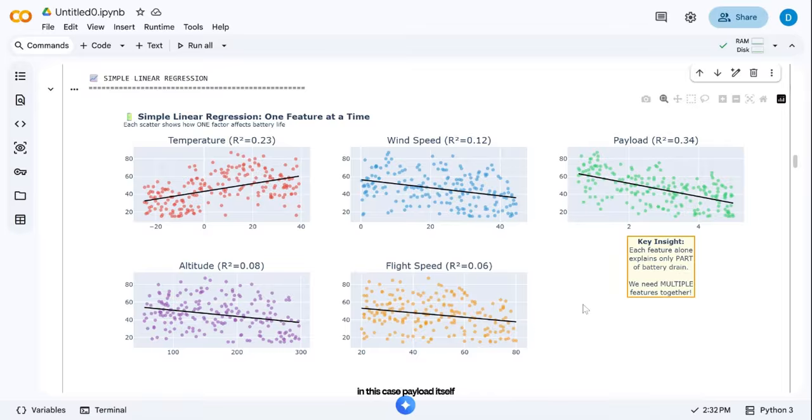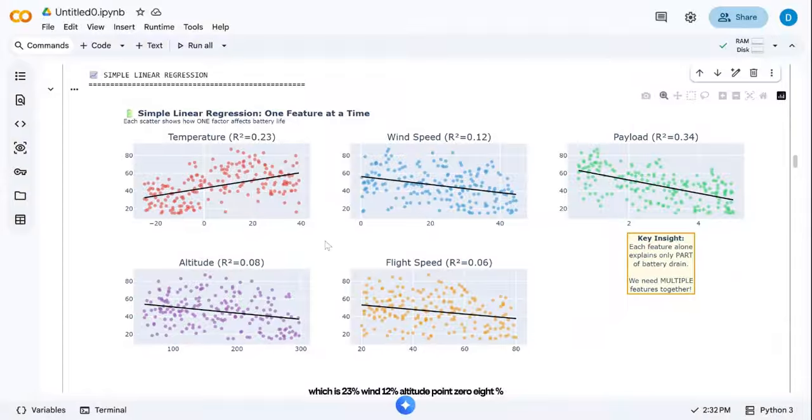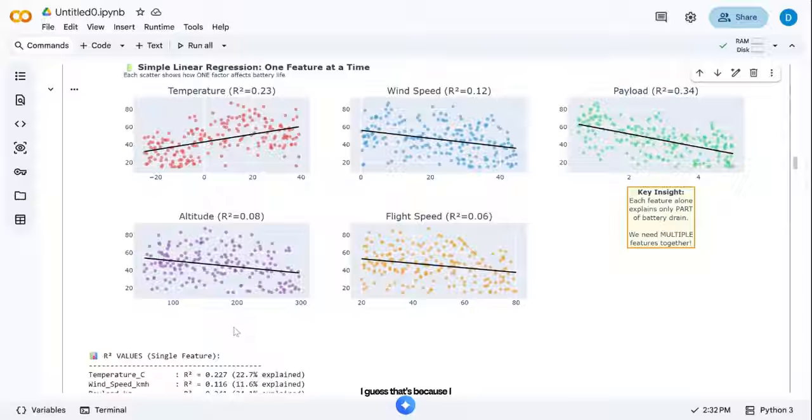In this case, payload by itself as one factor explains 34% of the variance. That's much higher than temperature, which is 23%, and wind, 12%. Altitude, 0.08%. I guess that's because, assuming this is in meters, it's 100 meters, 200 meters, 300 meters.